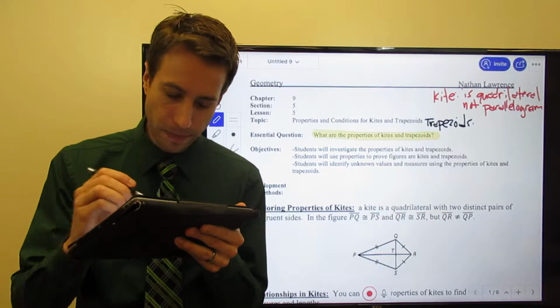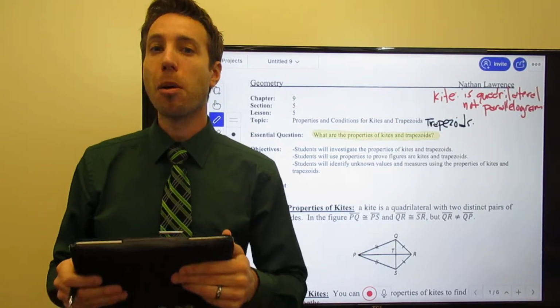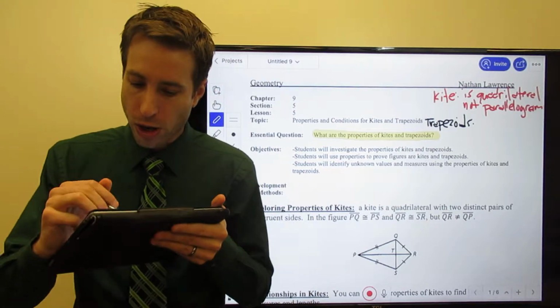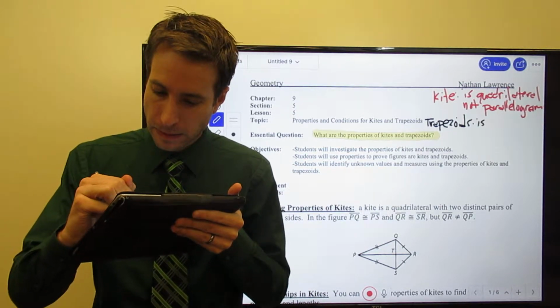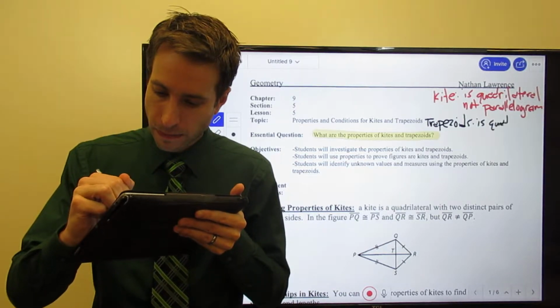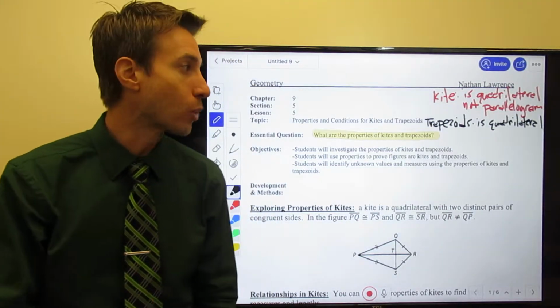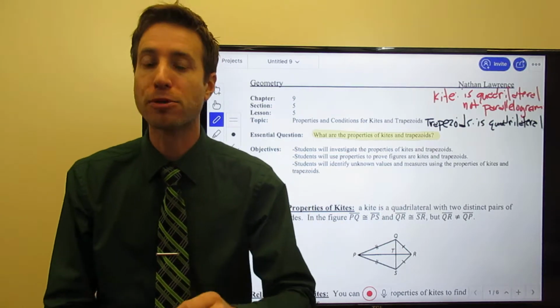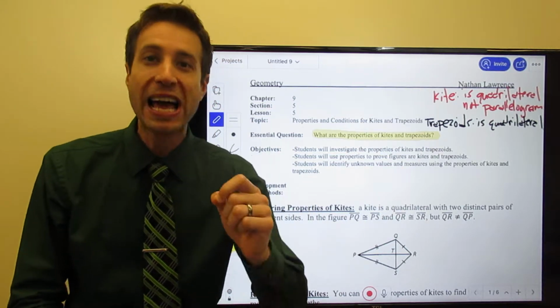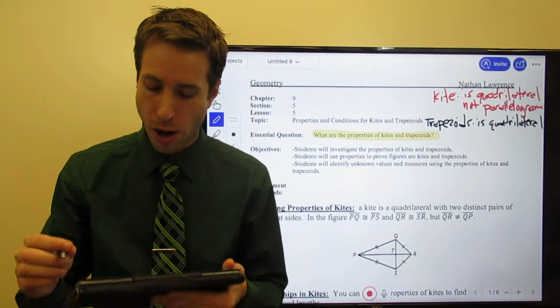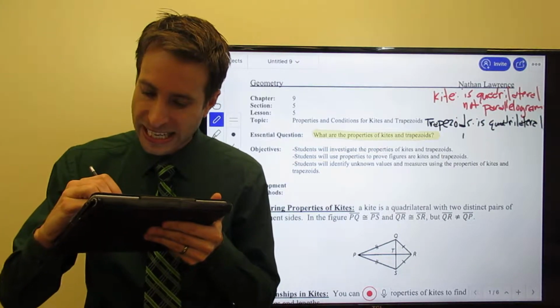So, trapezoids. A trapezoid is a four-sided figure, so it is a quadrilateral. A trapezoid will be a quadrilateral, but a trapezoid is also a parallelogram, and you'll see why that is when we get to the properties of trapezoids.